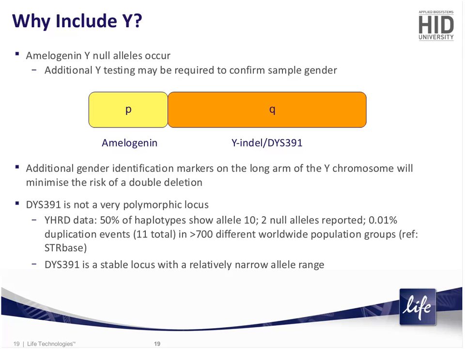There have only been 0.01% duplication events in over 700 different worldwide population groups, and therefore we know that this locus is very stable. With a relatively narrow allele range, it isn't going to mutate significantly, and that means it's going to be a nice, stable locus to act as a gender determination backup to amelogenin.